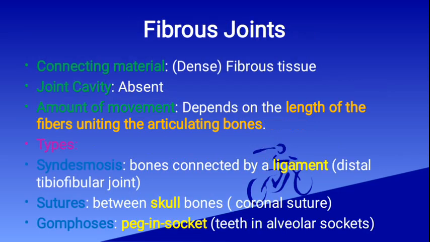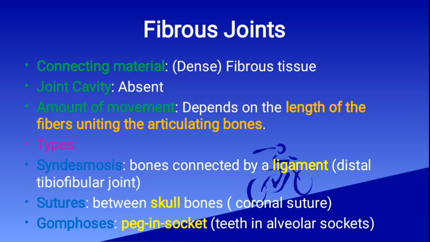So talking about the fibrous joints. The connecting material in fibrous joints is dense fibrous tissue, and the joint cavity is absent. The amount of movement in fibrous joints is limited and dependent on the length of the fibers uniting the articulating bones. There are three types of fibrous joints. We have syndesmosis, those are bones connected by ligaments. For example, the distal tibiofibular joint is an example of syndesmosis.